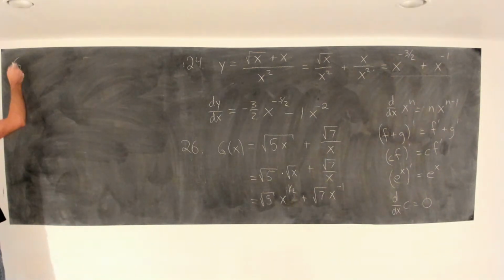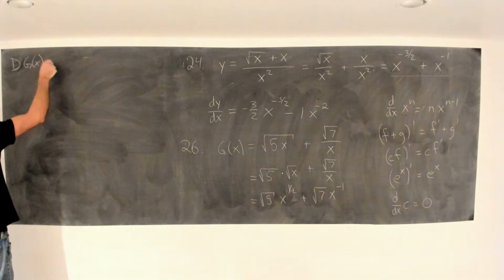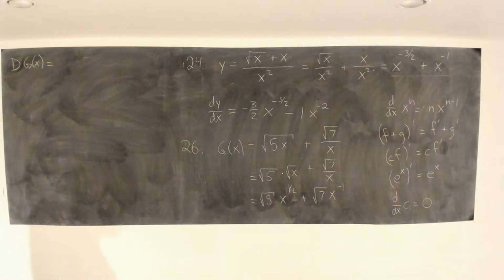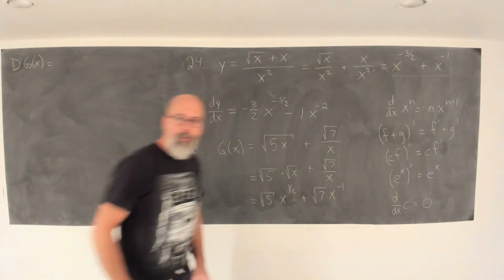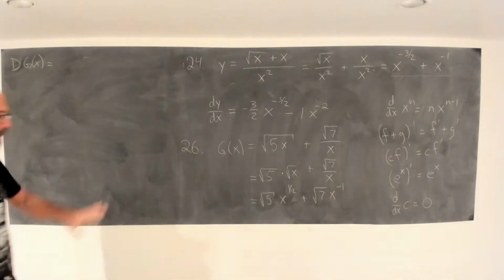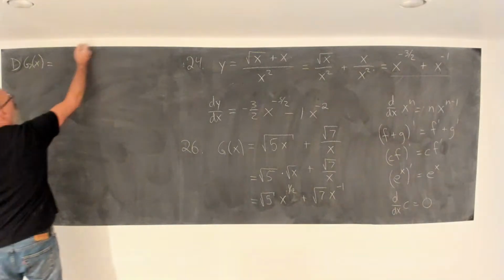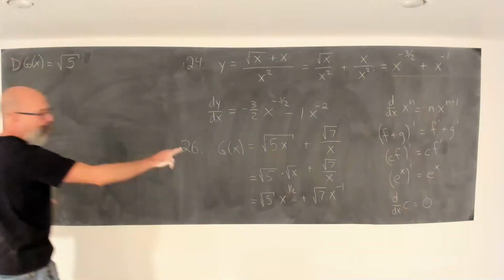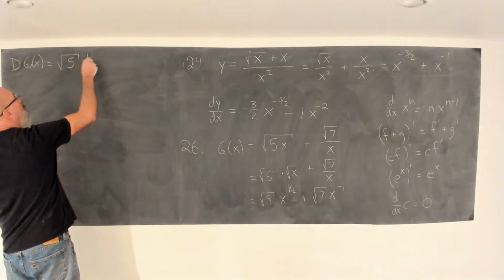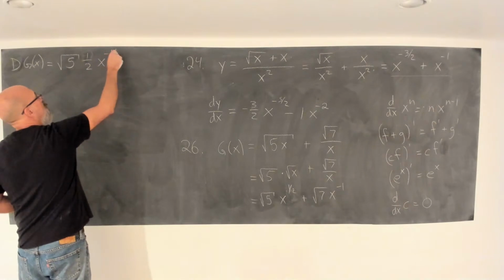So now we can differentiate. The derivative: constant times the power of x. We're going to leave the constant aside and differentiate x to the 1/2, which is 1/2 x to the -1/2.